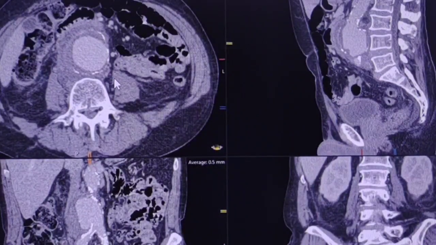So in this case we have a contained or impending abdominal aortic acute pathology. Now let's go to the second case.